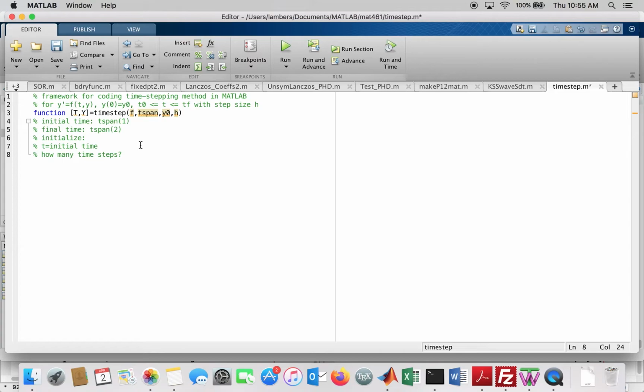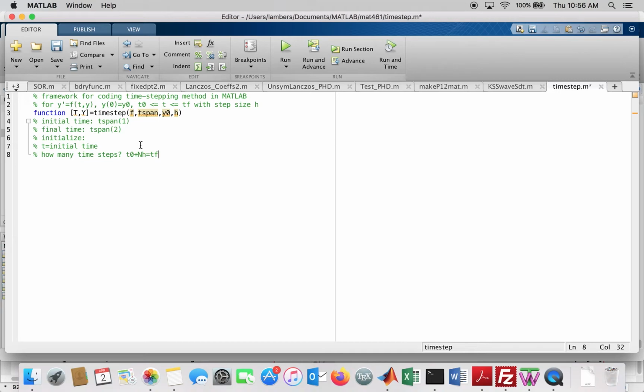If I use capital N to be the number of time steps, the initial time plus the number of time steps times h should be equal to the final time, which I'm denoting by tf.